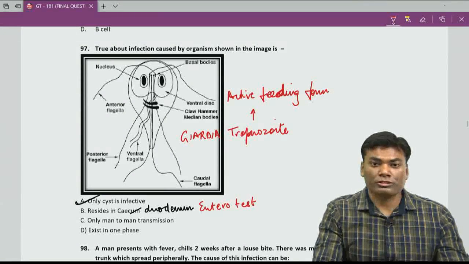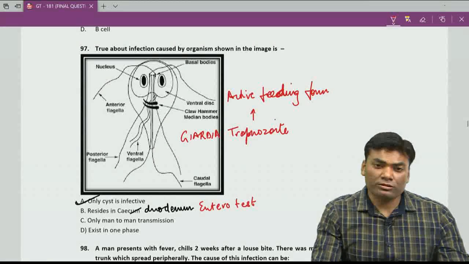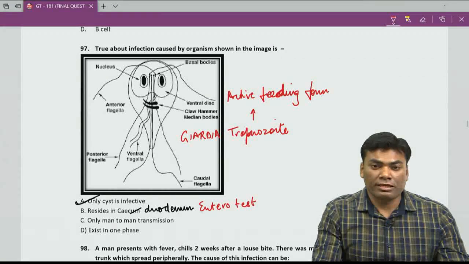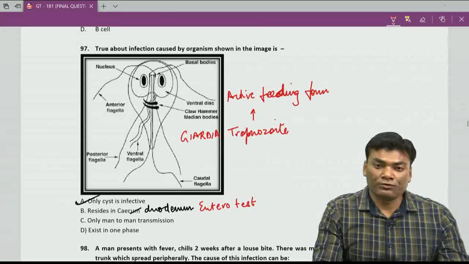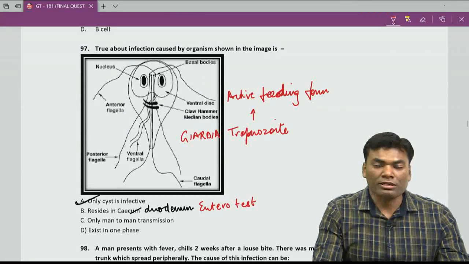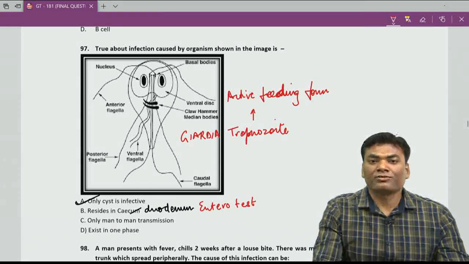So you are trophozoite. We all enjoy life. And when it has to undergo a stressful phase of life, like just one day before the exam, then we all become cysts. We don't eat food, we don't feel hungry, we don't feel thirsty. So we become like a cyst. So trophozoite is the active feeding form after the exam, and cyst is the dormant and more resilient form before the exam.